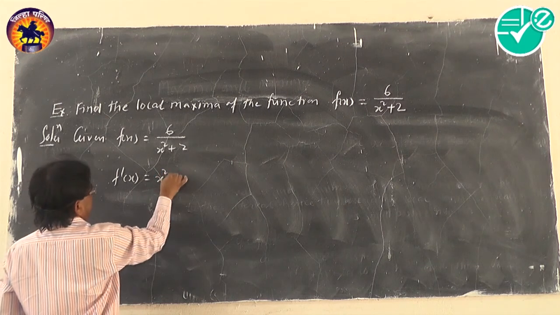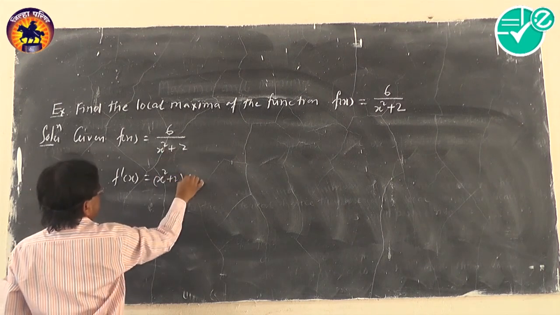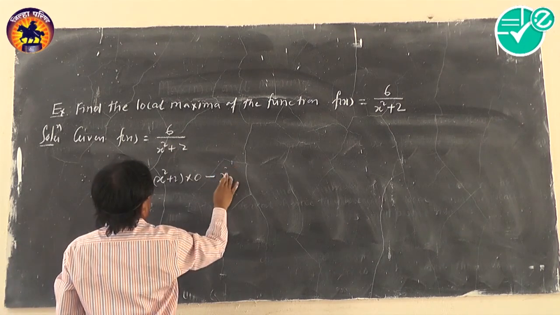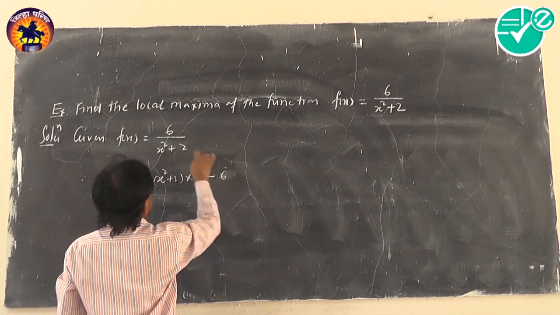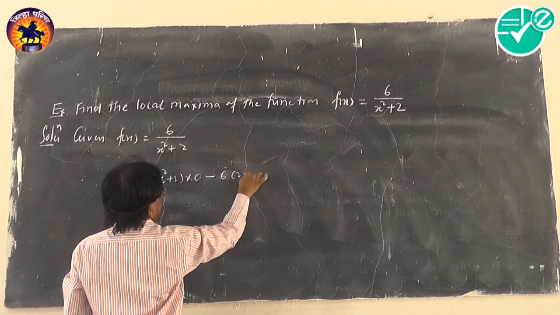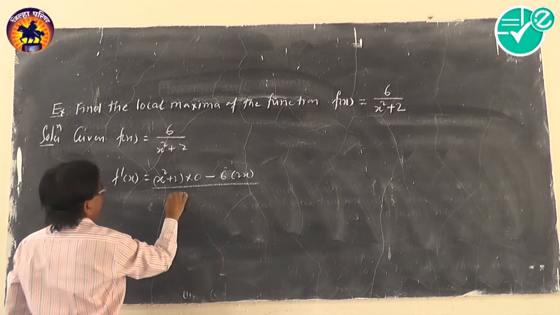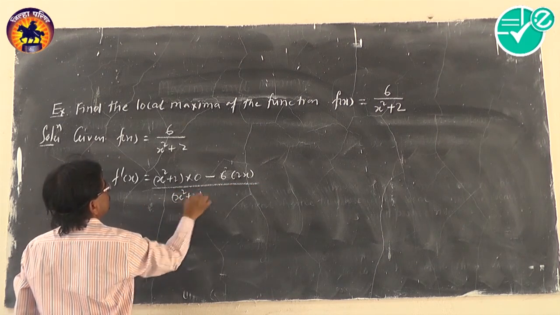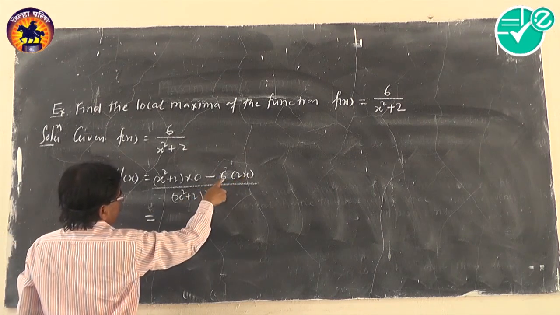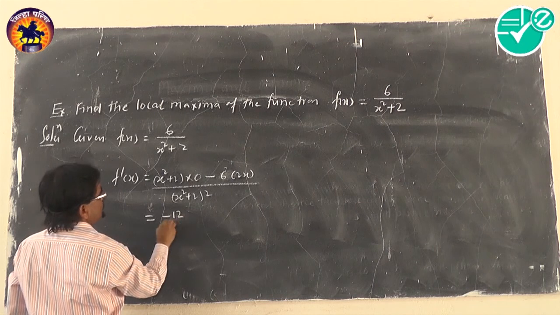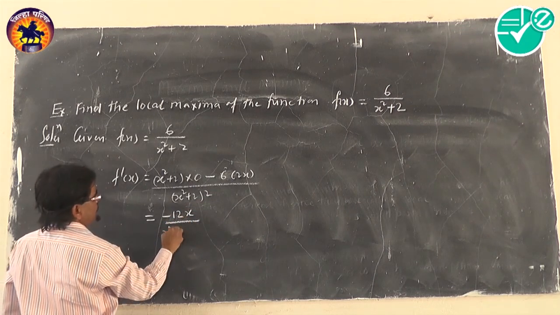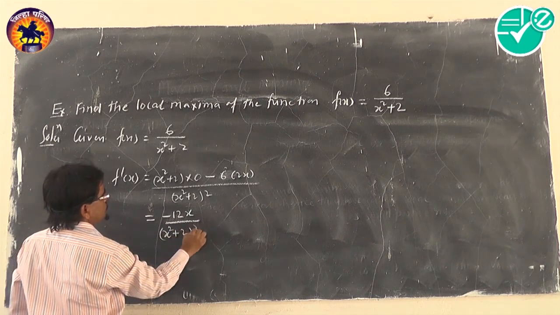Derivative of 6 is 0, minus 6 constant times derivative of x square plus 2, which is 2x, divided by x square plus 2 whole square, and that is nothing but minus 12x upon x square plus 2 whole square.